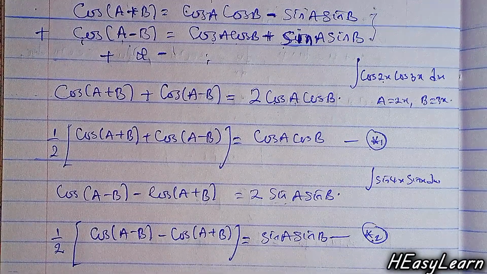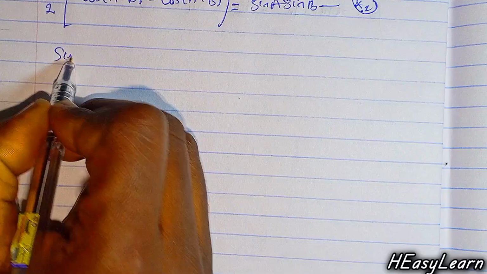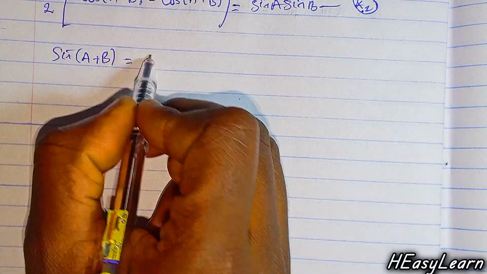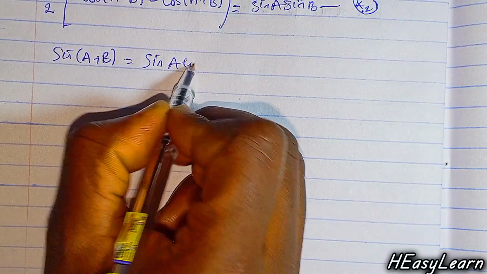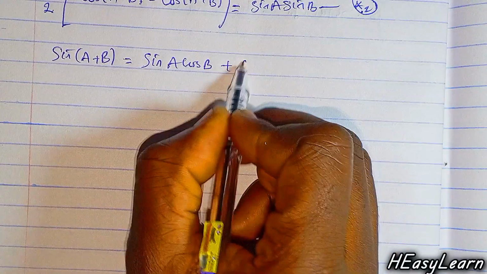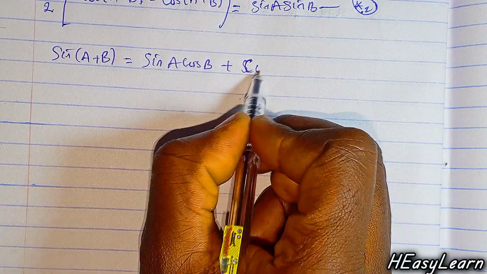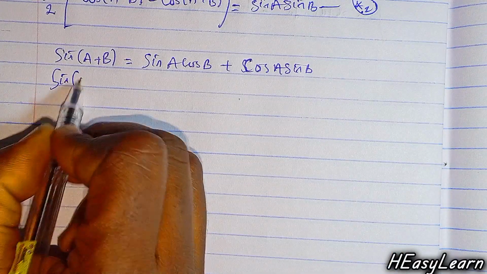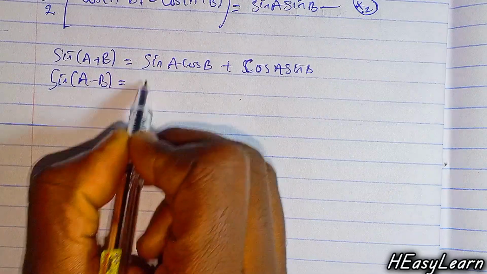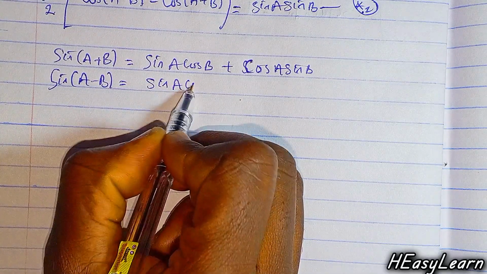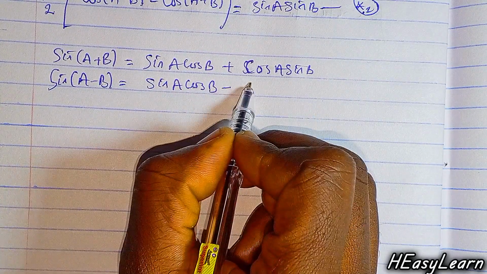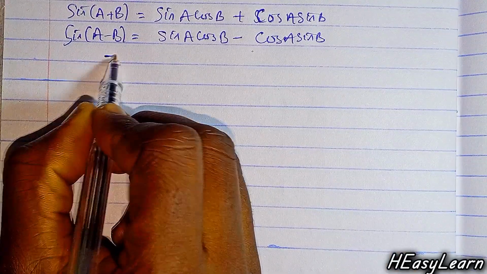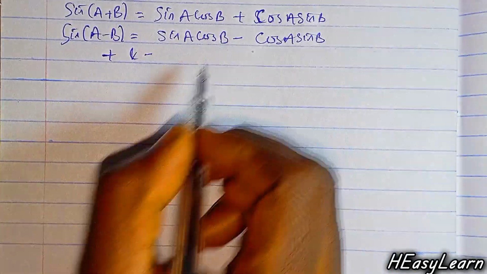So similarly, sin(A plus B) is the same thing as sin A cos B plus cos A sin B. In this case, sin(A minus B) is the same thing as sin A cos B minus cos A sin B. Again, let's add and subtract these two equations.